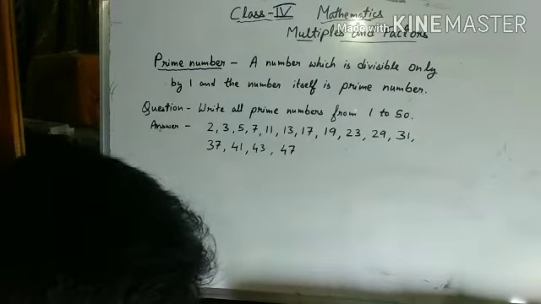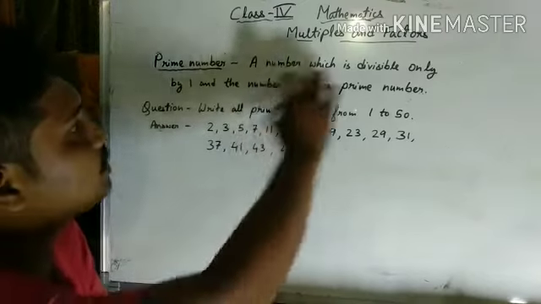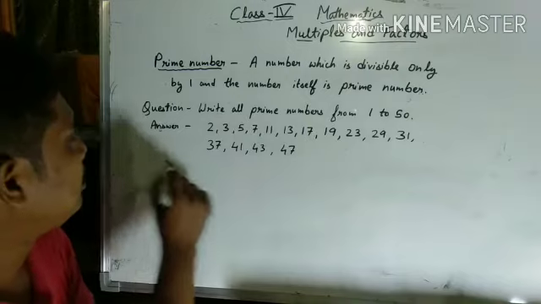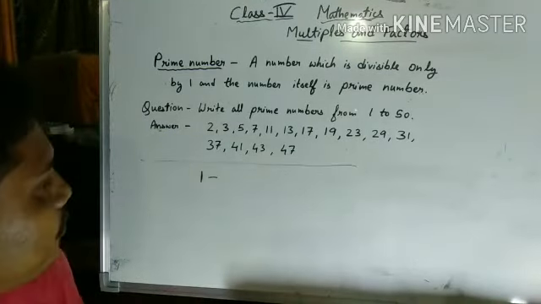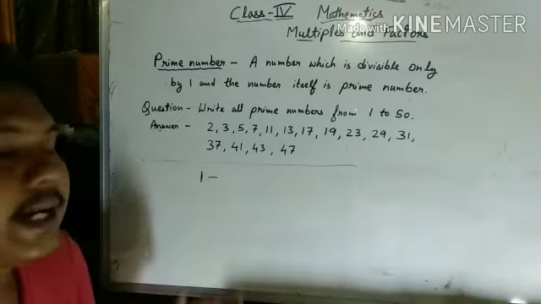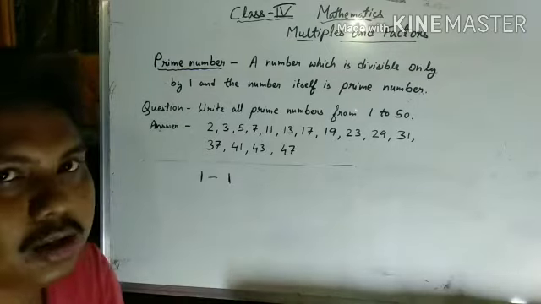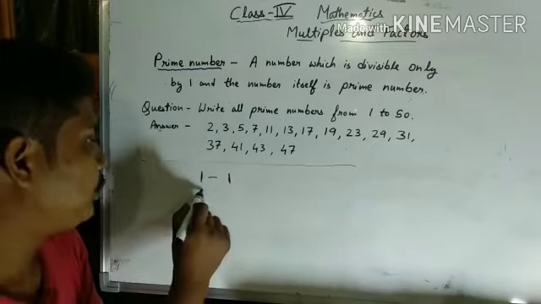Now let's see. This definition I will just explain with the help of examples. Suppose 1. Which number can divide 1? Only 1 can divide 1 and there is no other number that can divide 1. Next, 2.